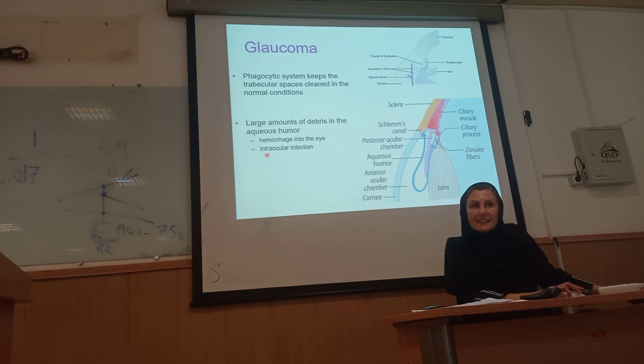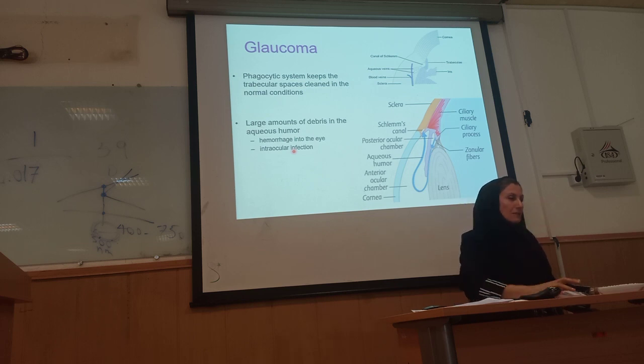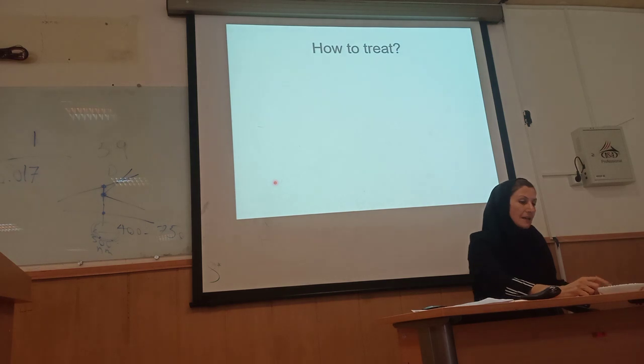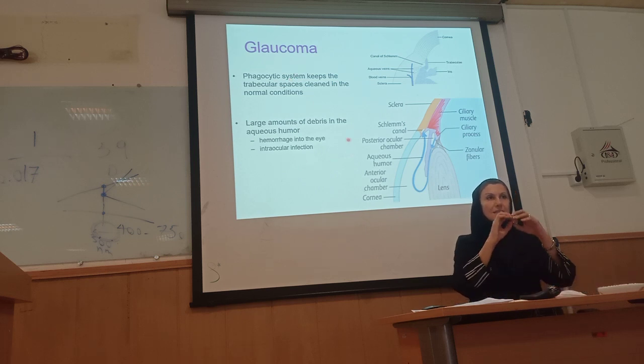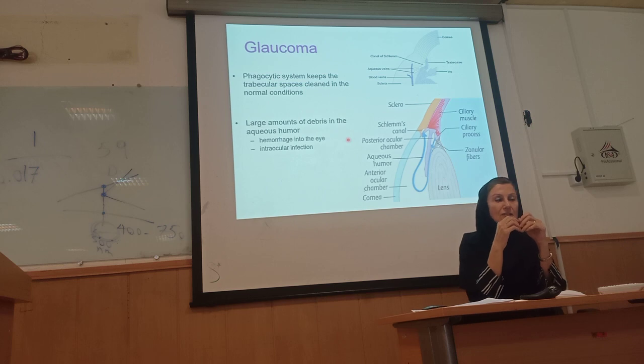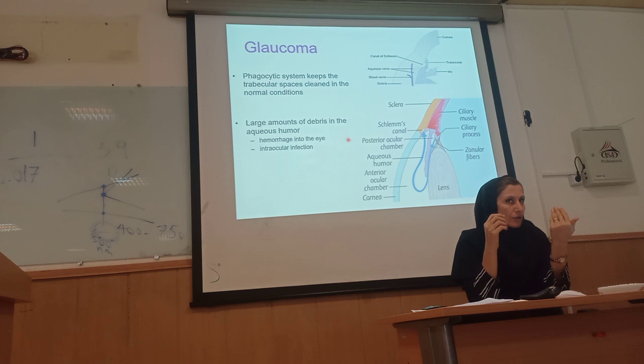But if there are large amounts of debris and particles in the aqueous humor, from, for example, some hemorrhage or infection in this part, what happens? Glaucoma happens. What is glaucoma? Glaucoma is an increase in the pressure. It can reach, for example, 25. It should be cured.